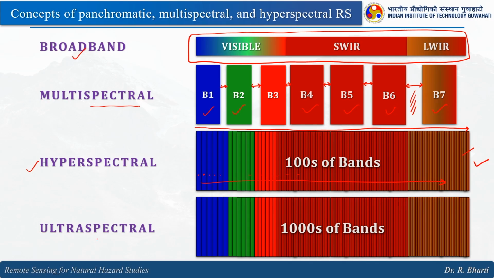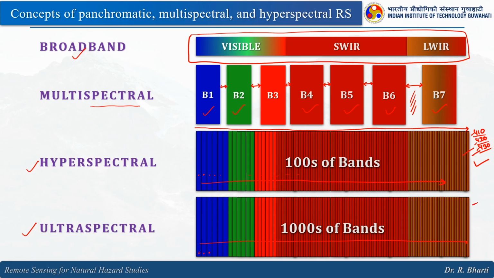Ultraspectral is a concept where we have thousands of bands and the bandwidth will be further lower. The starting point here can be, let us say, 410, then 420, 430. So, these 3 images are generated at 410, at 420, at 430.